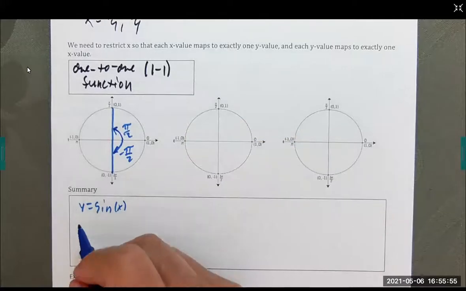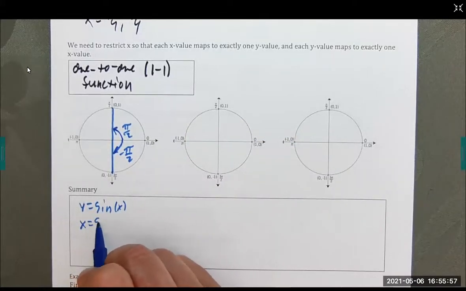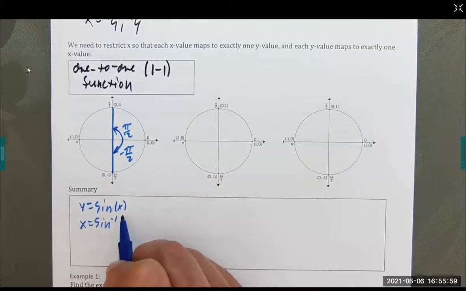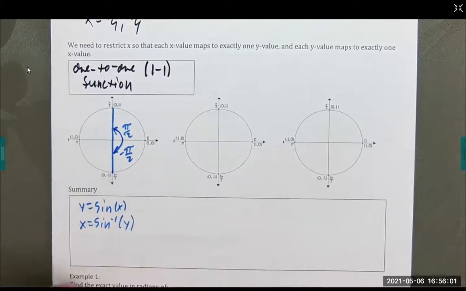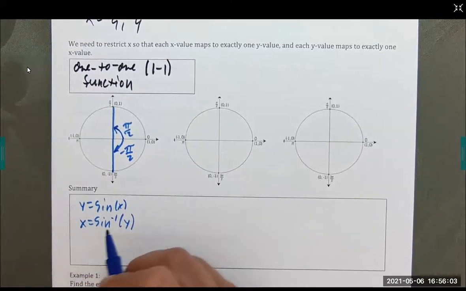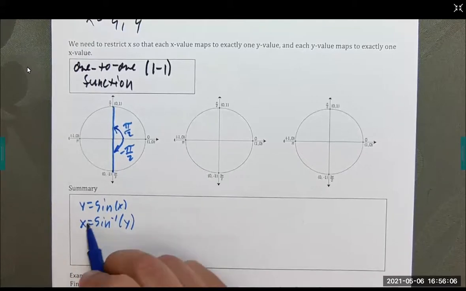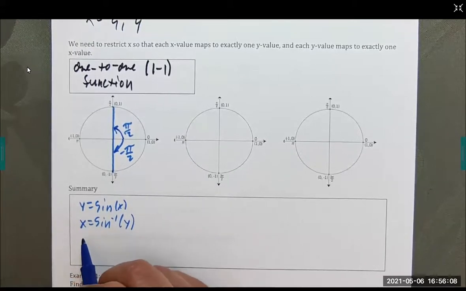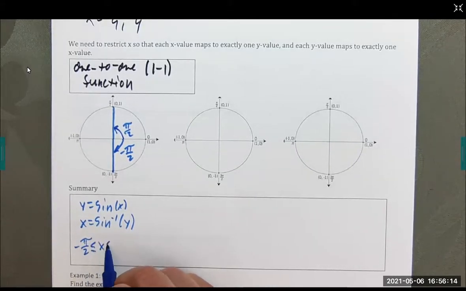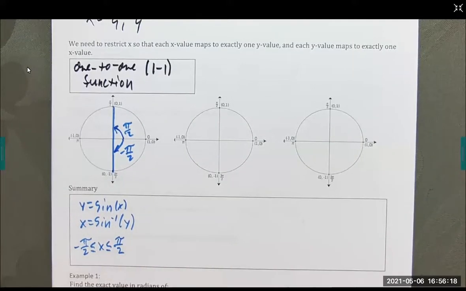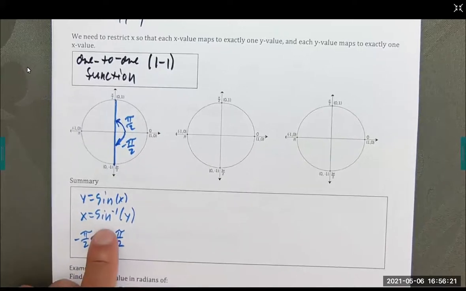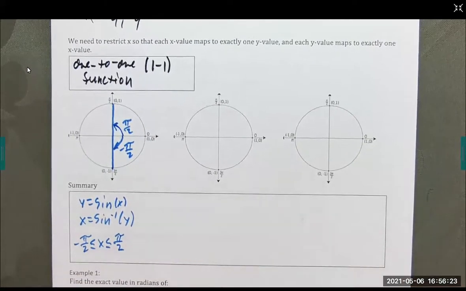So when it comes to x equals inverse sine of y, and by the way, this x is an angle for both. And this means that x is going to be from negative pi over 2 to pi over 2. So the x is restricted, meaning the output of an inverse function is restricted here.